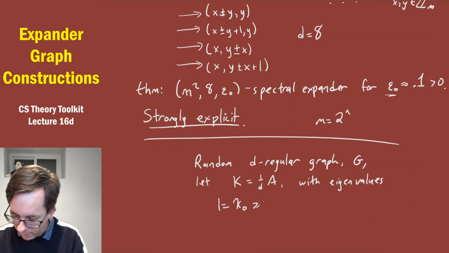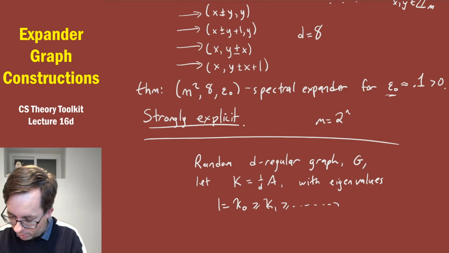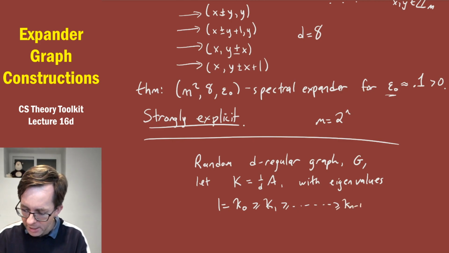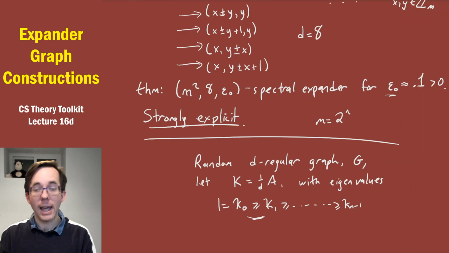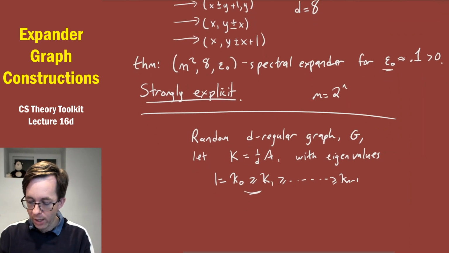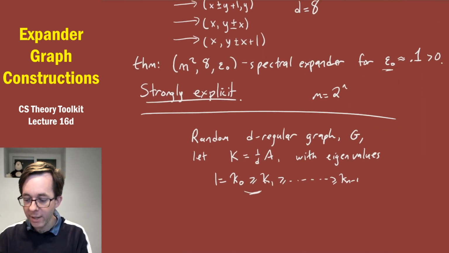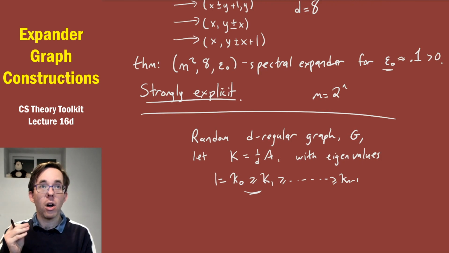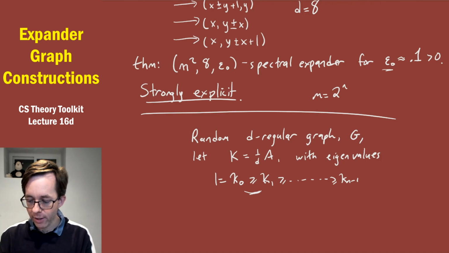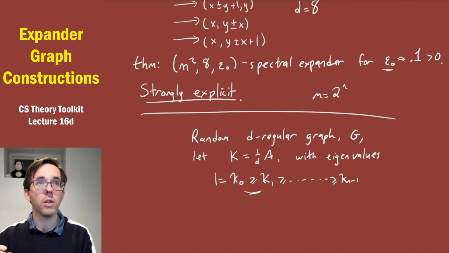And then the next eigenvalue is kappa 1, the next one is kappa 2, down to kappa n minus 1. To be a good expander, we want this kappa 1 to be bounded away from 1. And it turns out that in a random d-regular graph, not only is kappa 1 bounded away from 1, it's super close to 0. In fact, all the eigenvalues other than kappa 0 are super close to 0.